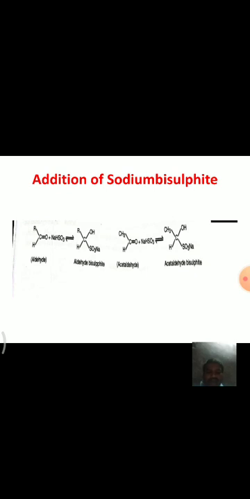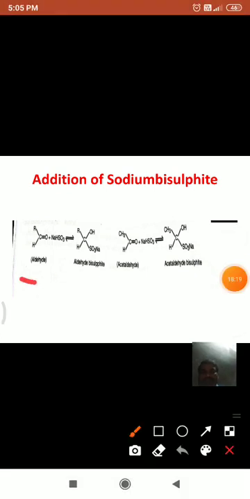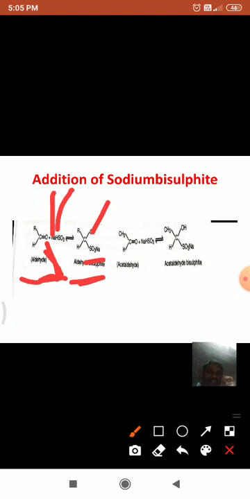For example, if an aldehyde reacts with sodium bisulfite, it forms an addition compound called aldehyde bisulfite. See here, this is aldehyde. If it reacts with sodium bisulfite, it forms aldehyde bisulfite. To this carbonyl carbon, the SO3Na group is attached, and to the oxygen, an OH group is attached.